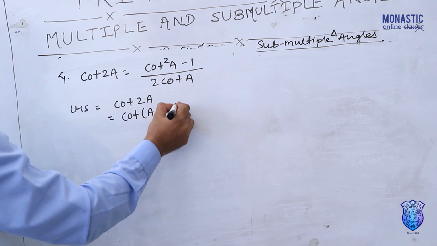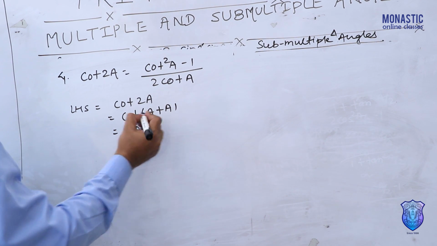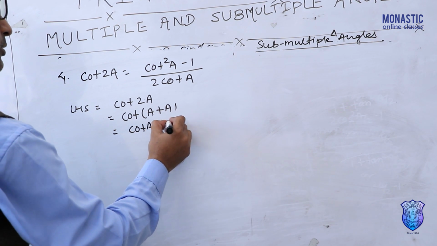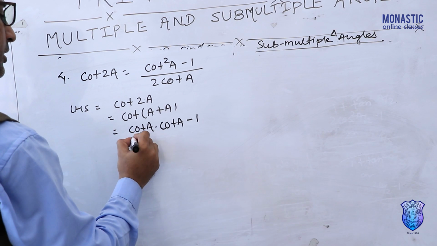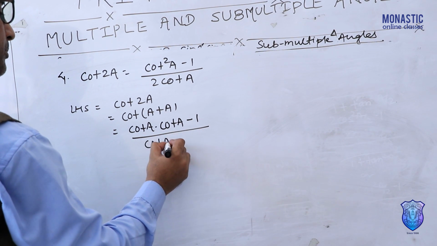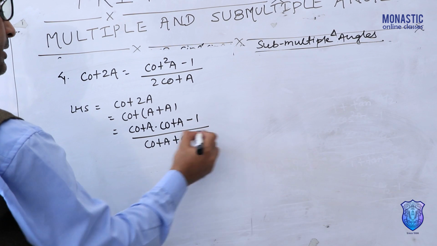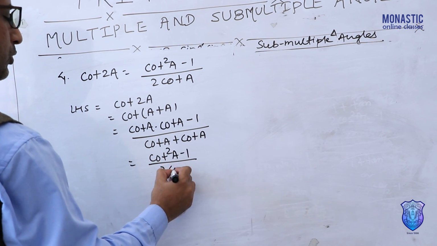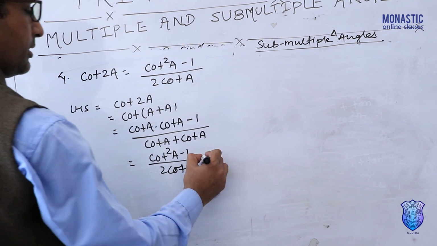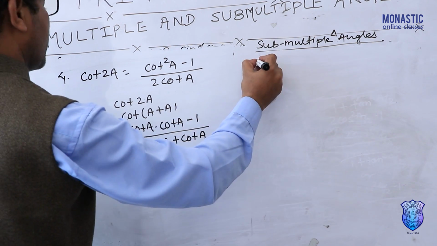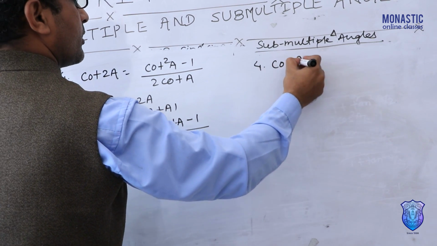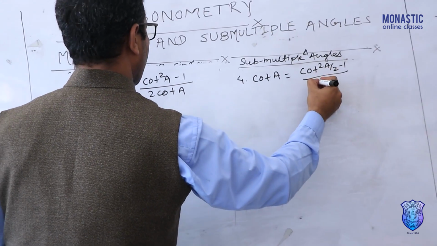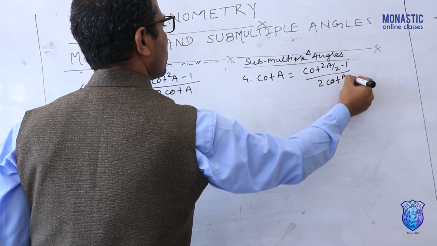In place of 2a write a plus a, and we have the formula of cot (a plus b) as (cot a cot b minus 1) by (cot a plus cot b). Here we get (cot squared a minus 1) by (cot a plus cot a), that is (cot squared a minus 1) by 2 cot a. And its submultiple formula is cot a equals (cot squared a by 2 minus 1) by 2 times cot a by 2.